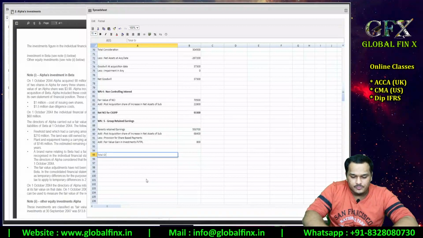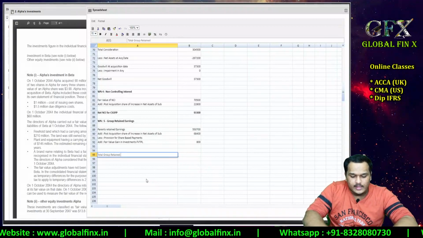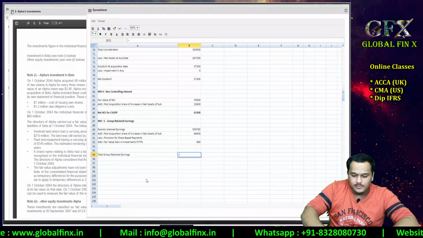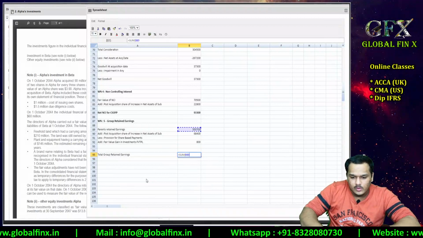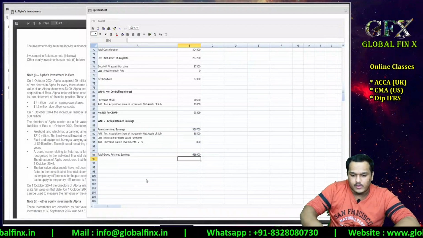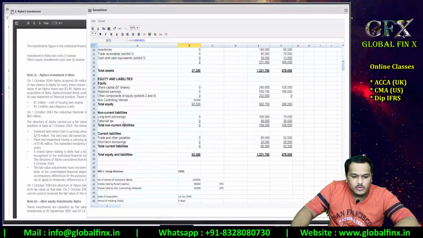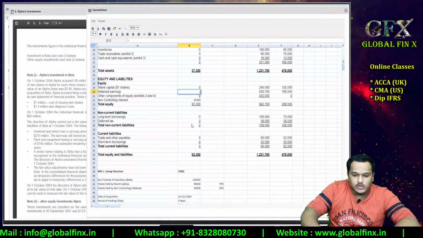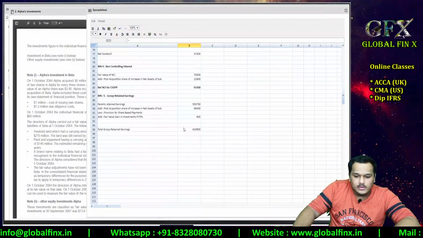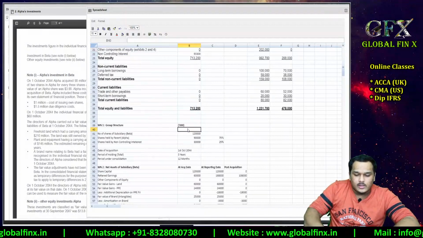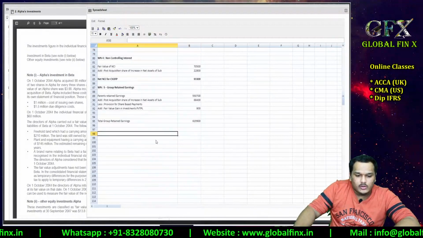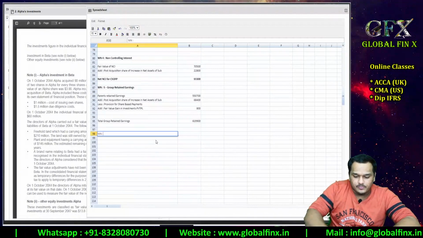So total group retained earnings will be this sum here. Okay. So 61,99,000. There are still adjustments to do for that. Don't just jump into conclusion. Retained earnings 61,99,000.